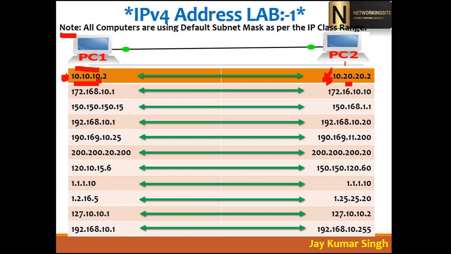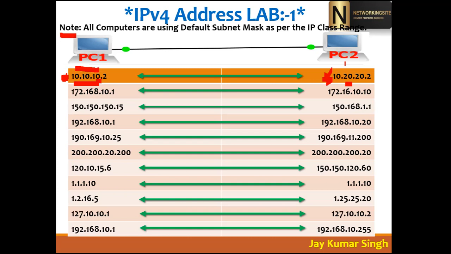In class A, there is 1 network part and 3 host parts. In class B, we have 2 network parts and 2 host parts. And in class C, we have 3 network parts and 1 host part. So the second condition is that the IP address network part must match.